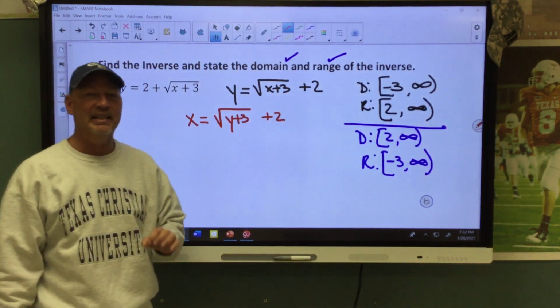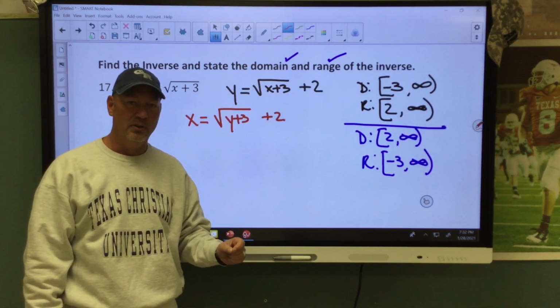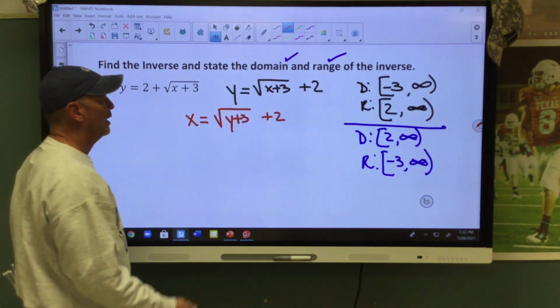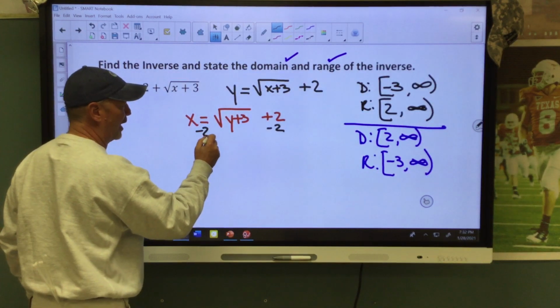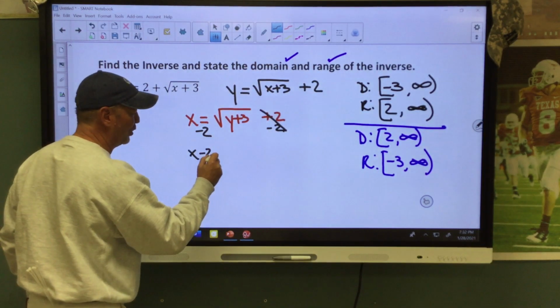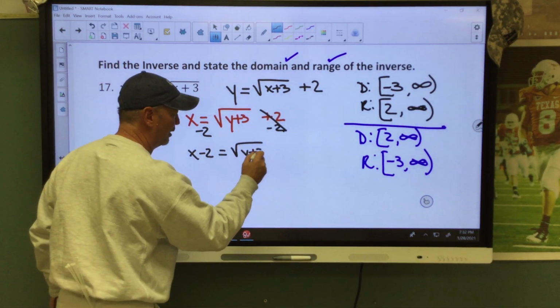My goal is to try to get the radical by itself. So to do this, I'm going to move the 2 to the other side. So we're going to subtract 2 from both sides. I will get x minus 2 equals the square root of y plus 3.